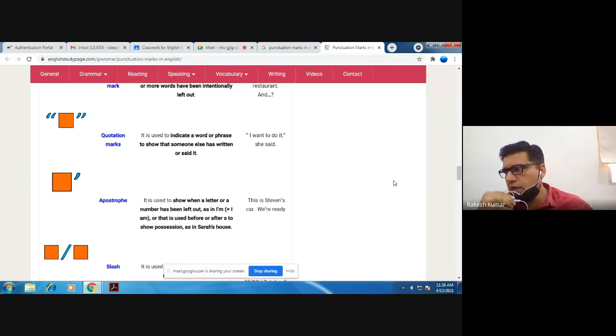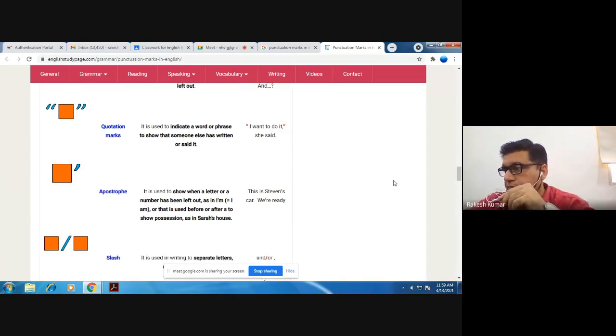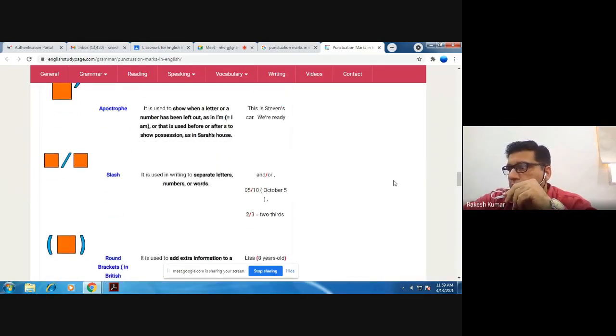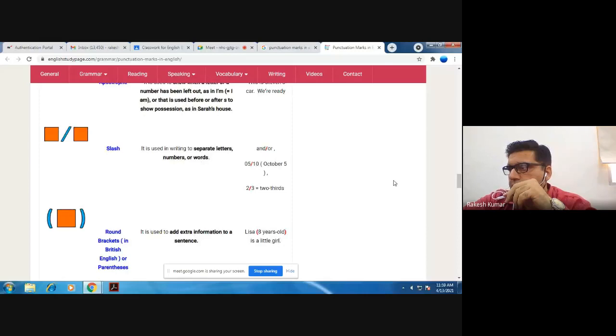Then we have slash. Where do we use slash? It is used in writing to separate letters, numbers, or words. I think this is also very common. A lot of people use it when they give options, like "and/or," or to separate dates.